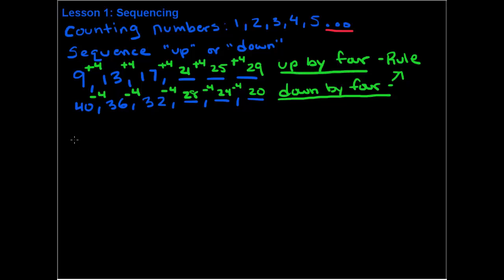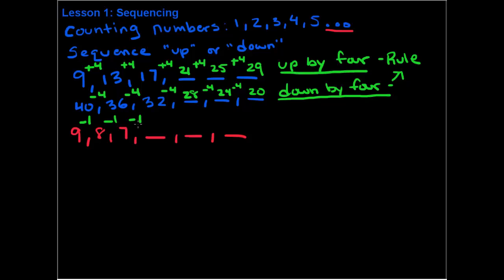So let's start here with some examples. Let's say 9, 8, 7, and 3 missing numbers. So we're looking for the missing numbers and we're looking for the rule. I know that this is a pretty easy one. 9 to 8, I know that's minus 1. 8 to 7, I know that's minus 1.